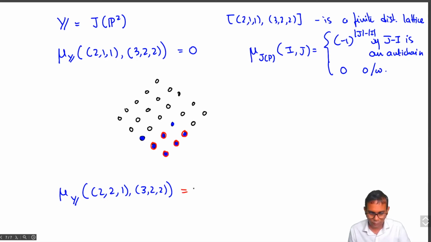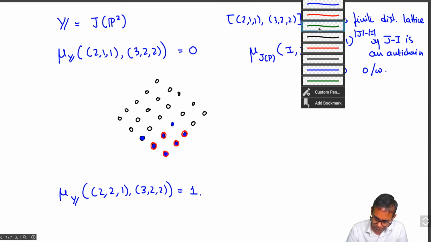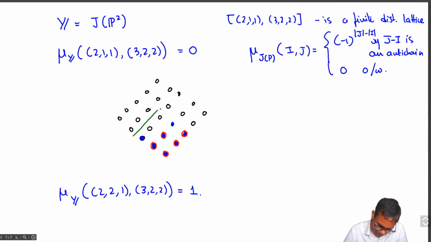And so this will be equal to 1. Strictly speaking, I haven't been working in an interval here, but I've been working in a slightly larger finite distributive lattice, say the lattice of integer partitions which fit inside, let's say, a rectangle like this. It's a square. That's still a finite distributive lattice. And so these calculations all work out.